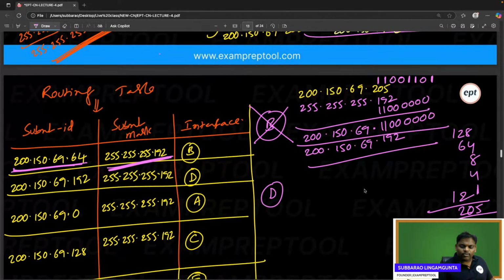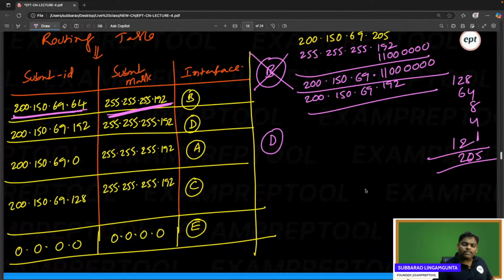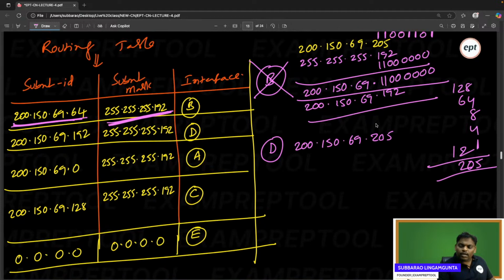Now it's going to be very interesting because of same IP and same subnet ID. 200, 150 dot, 69 dot. What is the answer? It is a 205. 205 means let's see the binary number. 1100, 1101. This is going to be 255, 255, 255.